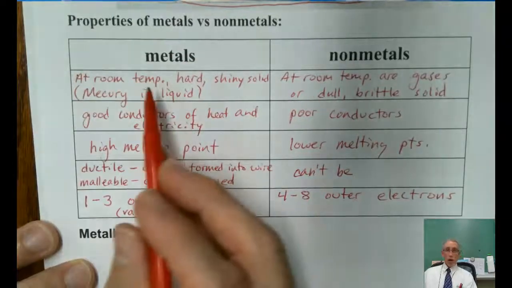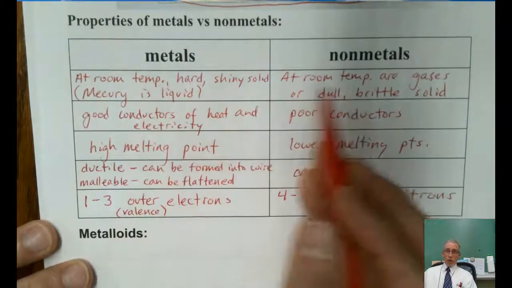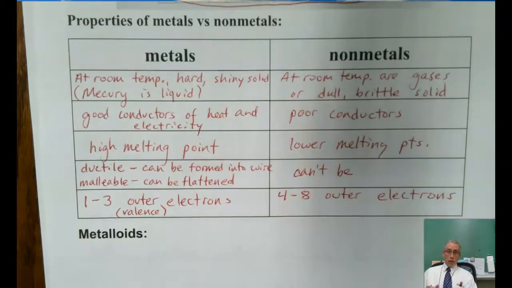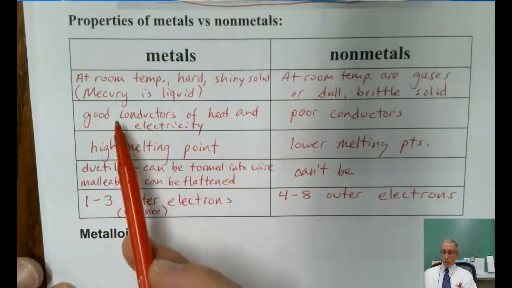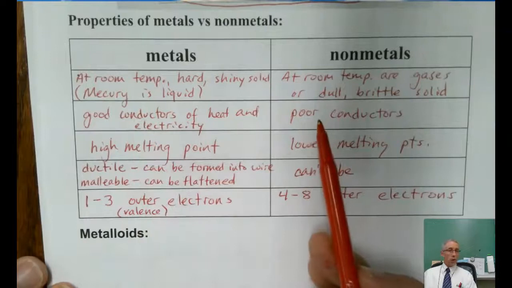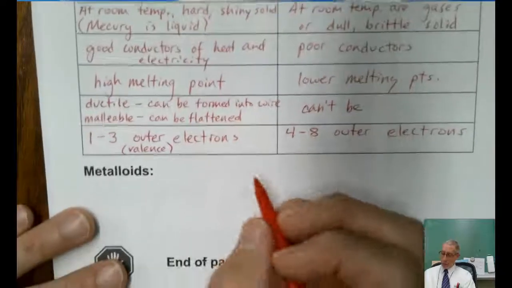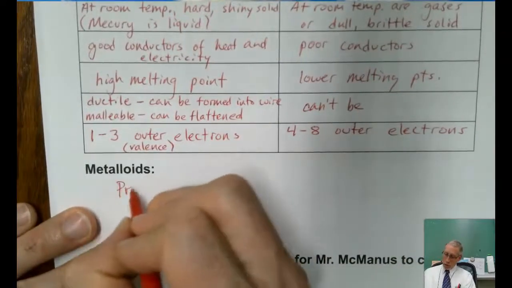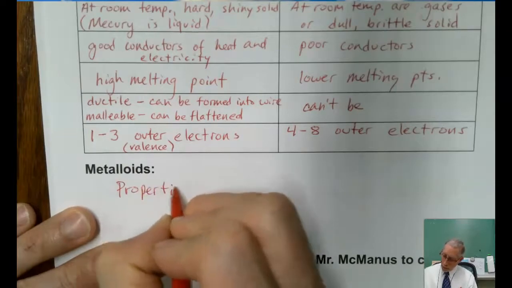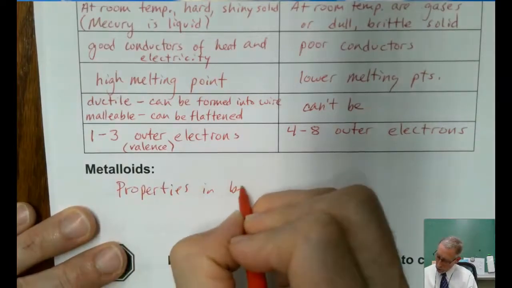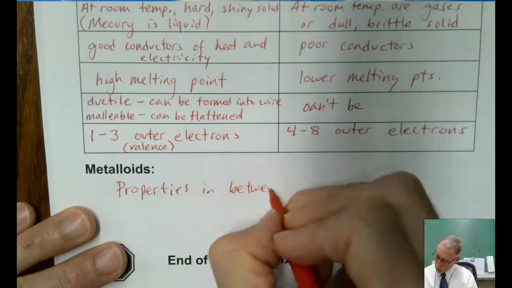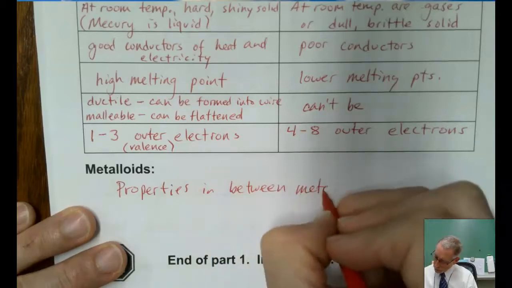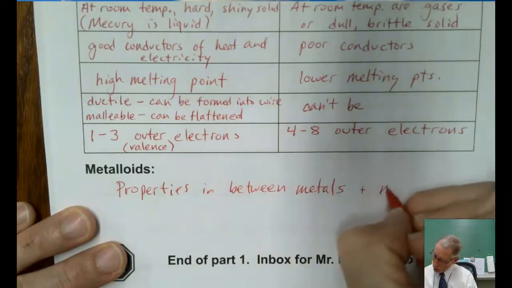So they're not going to be hard and shiny necessarily, but they're not going to be super brittle. They won't be really good conductors, but they won't be really poor conductors. They'll kind of be in between. So we'll just write it this way. Properties in between metals and nonmetals.